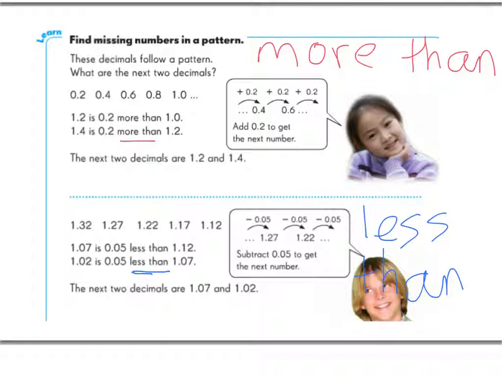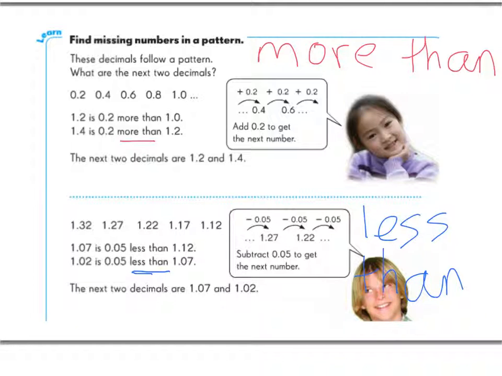And if we use that calculation, we'll see that 1 12 hundredths is our starting point, and we take away 5 hundredths from that.